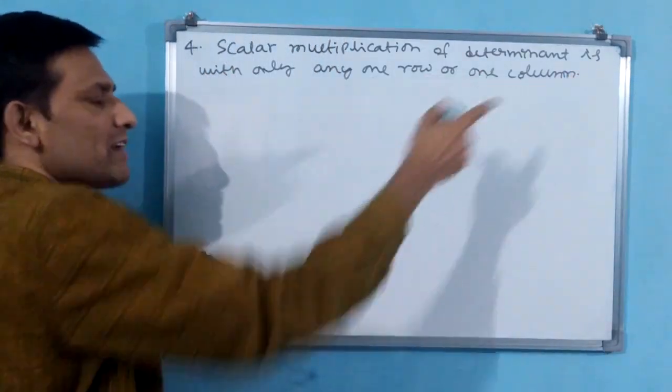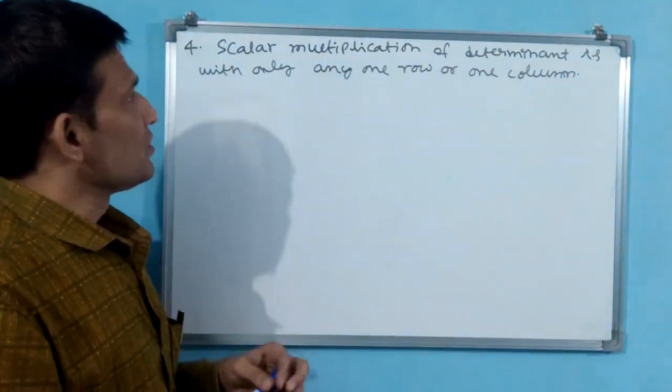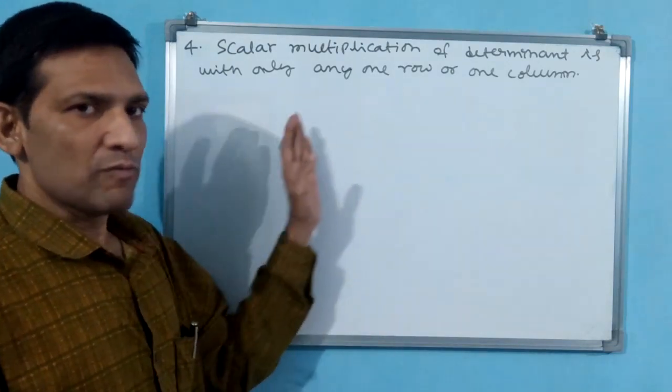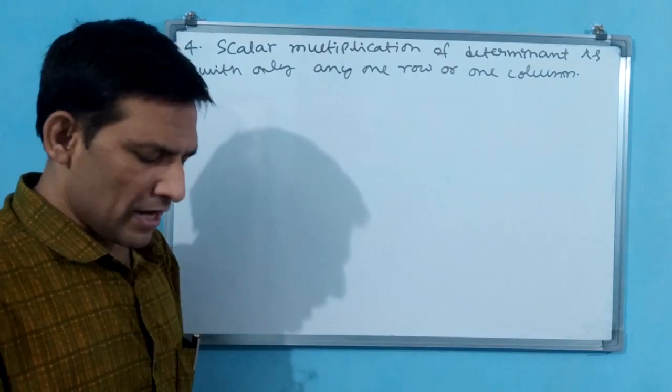Already I have written only, that is why I am not writing again. Scalar multiplication of a determinant is multiplication with any one row or column.